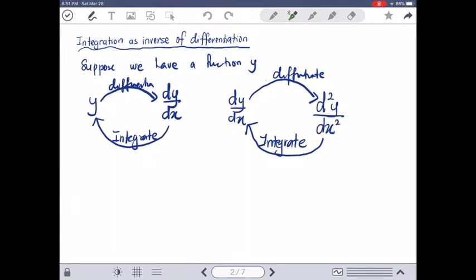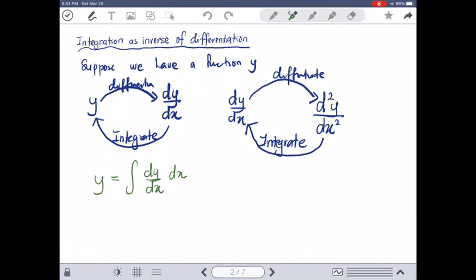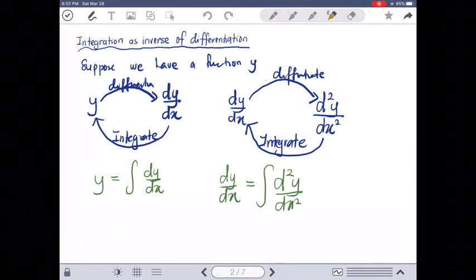To get y, we must integrate dy over dx with respect to x. If we integrate d squared y over dx squared, we should get dy over dx. The symbol here means integration.